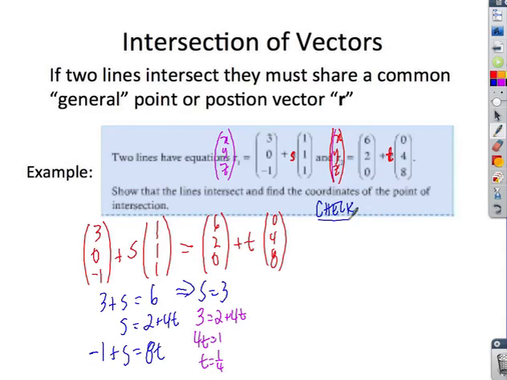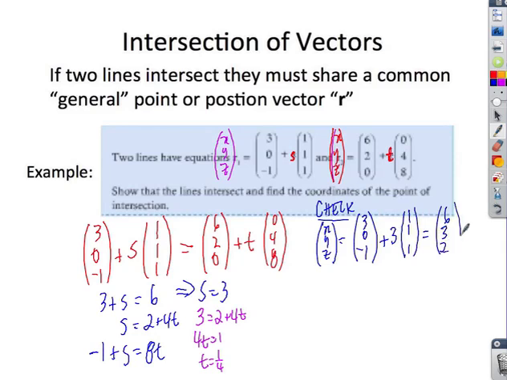These parameters need to take you to the same point on both lines. So in the first line, our x, y, z point should be at 3, 0, negative 1 plus 3 times the vector 1, 1, 1, because we found the parameter s to be 3. And so now this point leads to 3 plus 3, 6, 0 plus 3, 3, and negative 1 plus 3, which is 2.